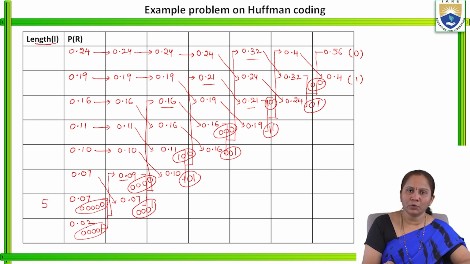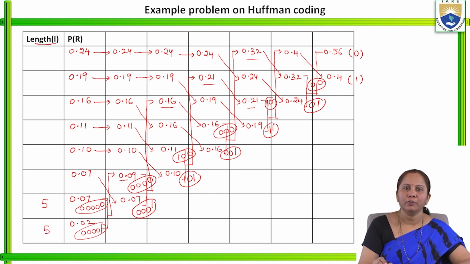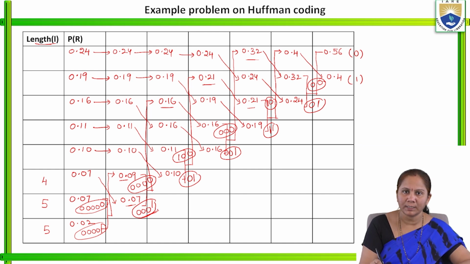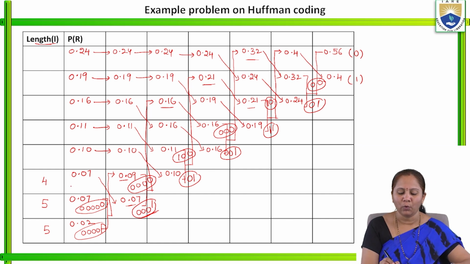And 0.02, so here we can have 4 zeros, 1 is there. So totally here also we have 5. And coming to 0.07, what is the length of the code? If you follow this arrow mark, here we have 0.07 and the length of the code we have 4. So 3 zeros and 1 is there. So the length will be 4.